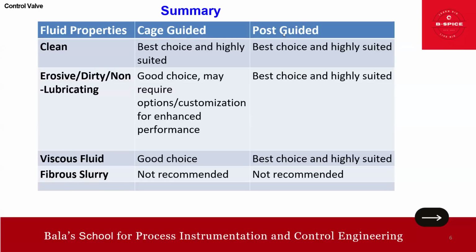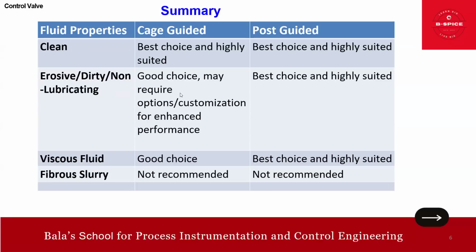So cage guided and post guided. For clean fluid, of course, cage guided can be used and is highly recommendable. And post guided also, there is no worry at all as far as the fluid is clean. But the challenge is here: erosive, dirty, and non-lubricating.